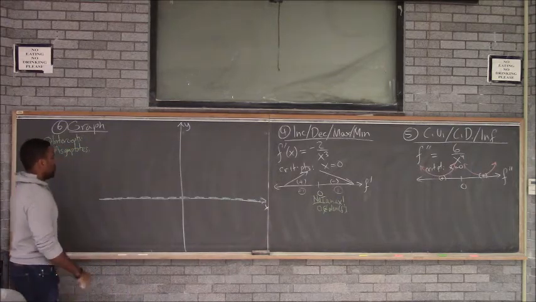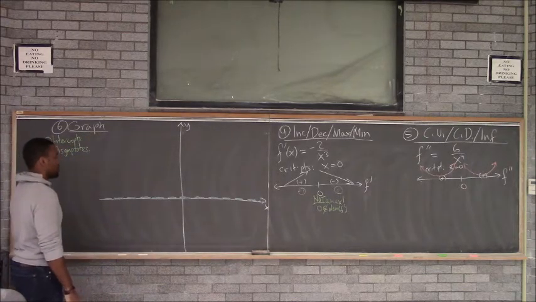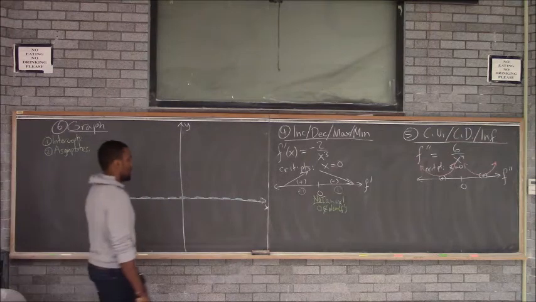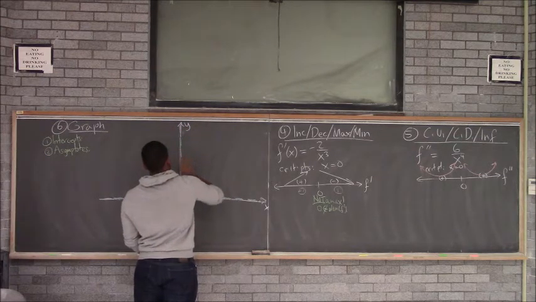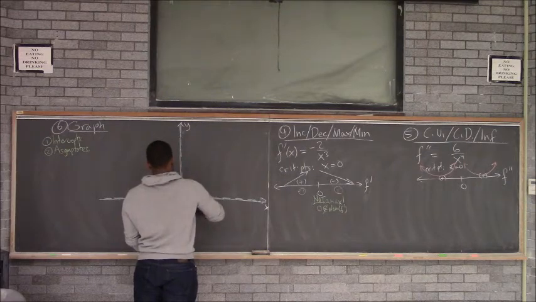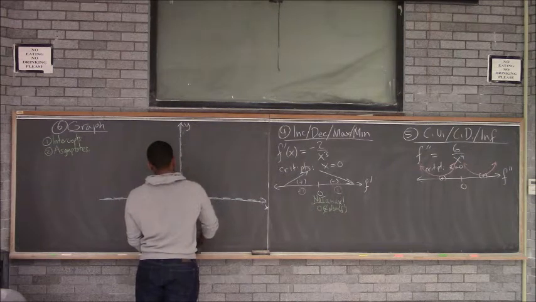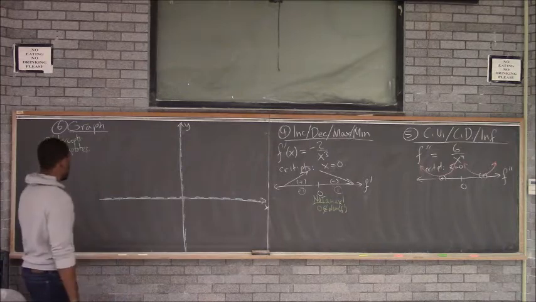I draw that. We also had an asymptote at x equals 0. So I put in my asymptotes.